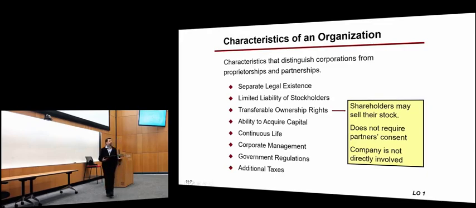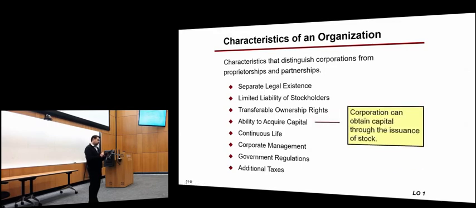They know that there are investors with a certain number. Ability to acquire capital: corporations can issue stocks to raise funding. They can sell additional stocks to raise financing if they need it, for example, to build a new plant or a new building. They can always do that.